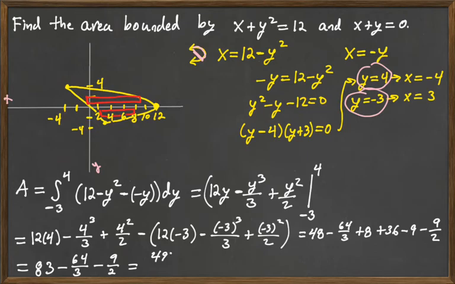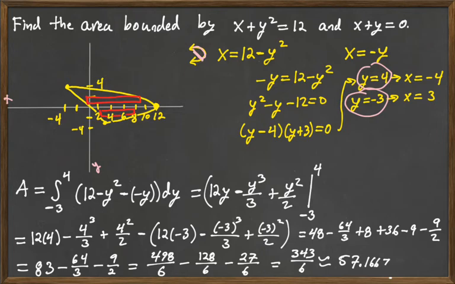So 83 times 6 is 498 over 6, 64 times 2 should be 128 over 6, and then 9 times 3 to get that common denominator is going to be 27 over 6, and so our exact answer is 343 over 6, or approximately 57.167 units. Sorry, not units cubed. We will be doing units cubed soon, but we are still at units squared.